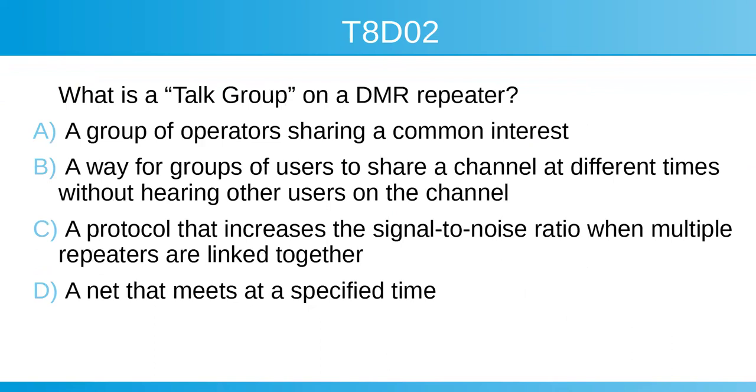What is a talk group on a DMR repeater? That would be Bravo. So they try to fool you with A, saying it's a group of operators sharing a common interest. That could be true, but it's not necessarily true. You could join the talk group and have no interest at all.